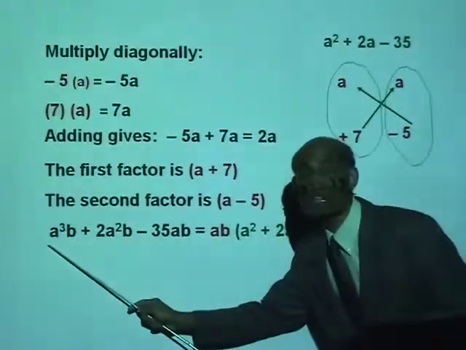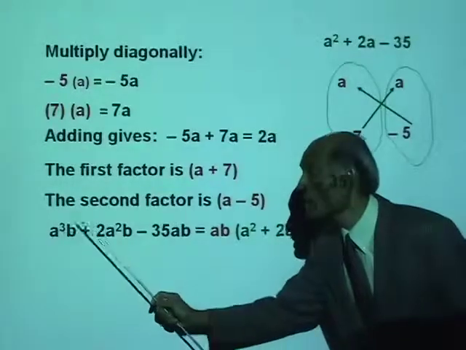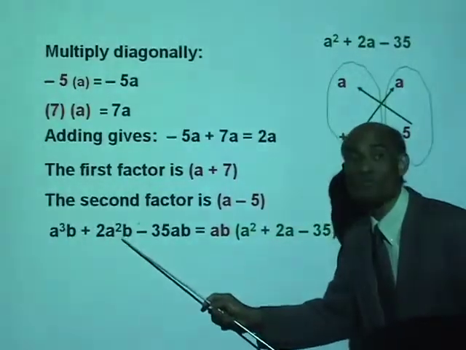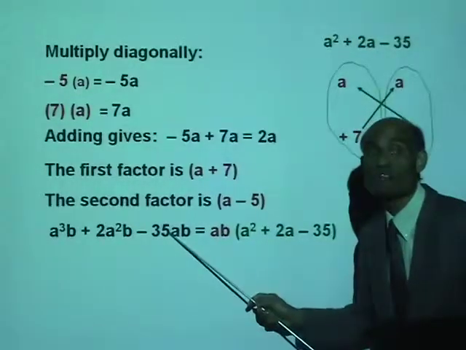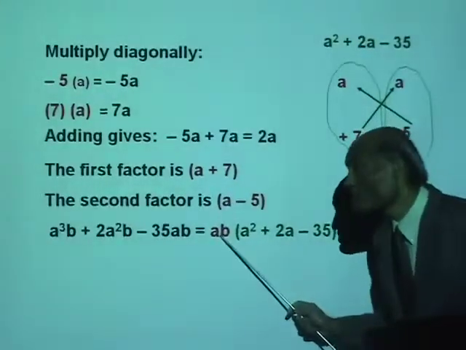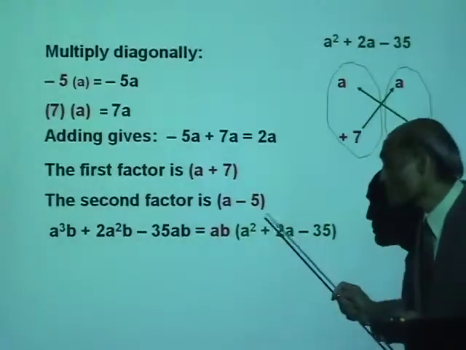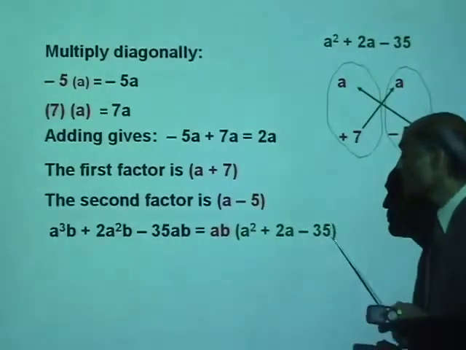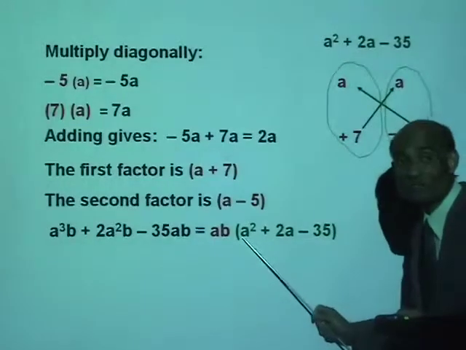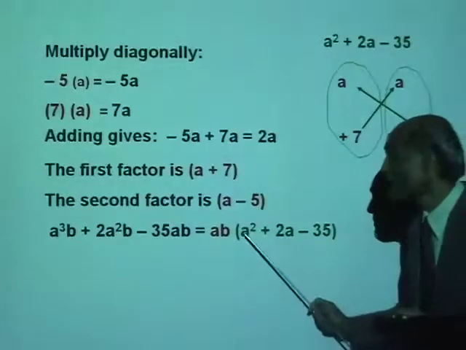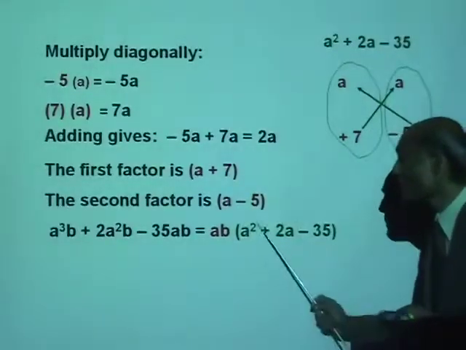But we are factoring this quantity. You remember, we start A cubed B plus 2A squared B minus 35AB. We factored an AB out with A squared plus 2A minus 35 inside the parenthesis, and that trinomial we factored. What are the factors of this trinomial?